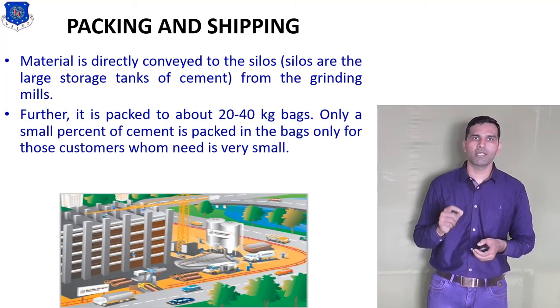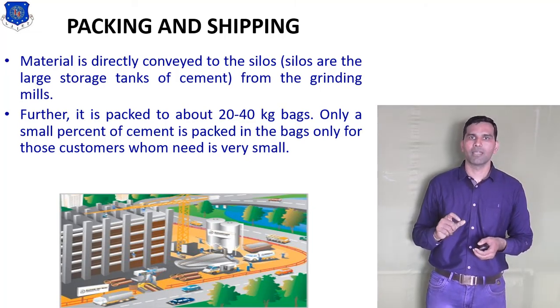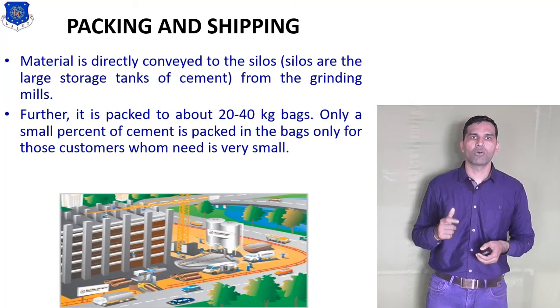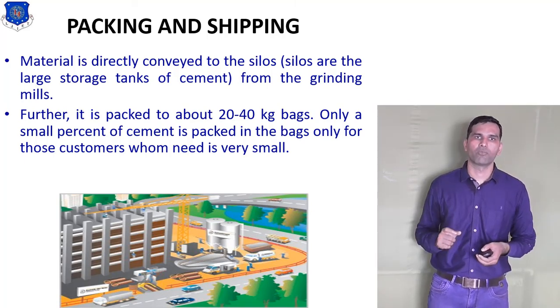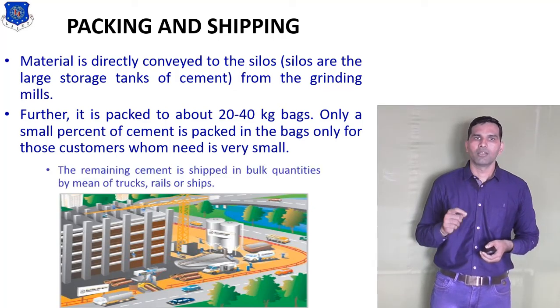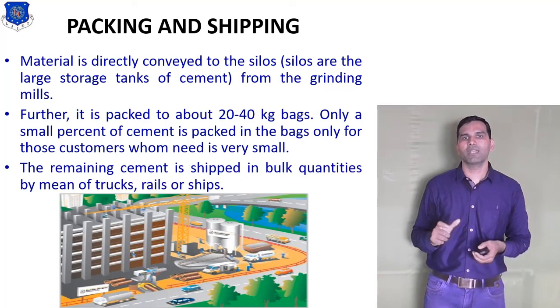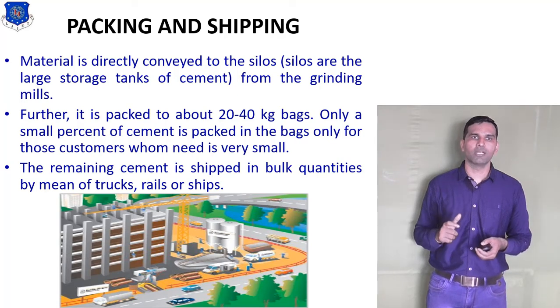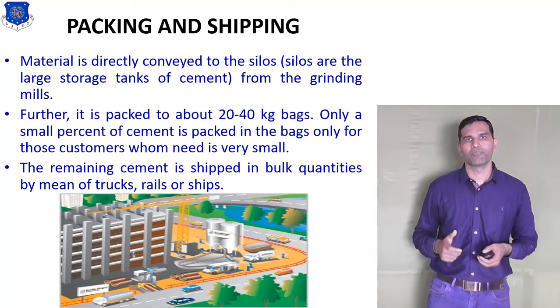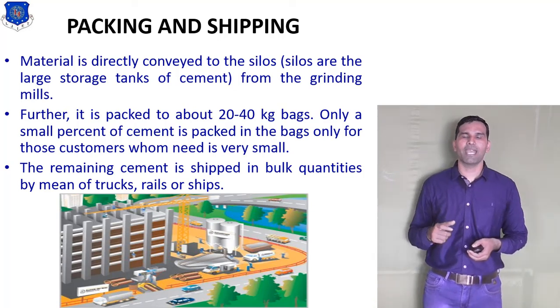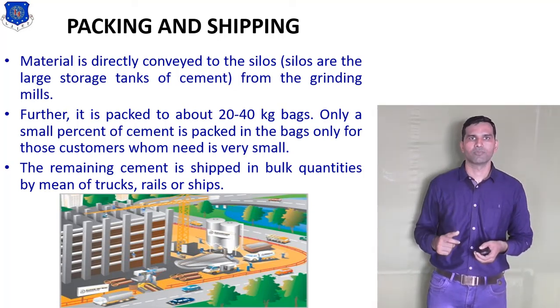Only a small percentage of cement is packed in bags, only for those customers who need very small amounts. The remaining cement is shipped in bulk quantity by means of truck, rail or ship. So this is the packaging and shipping procedure.